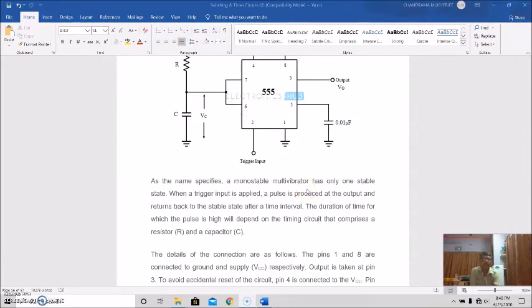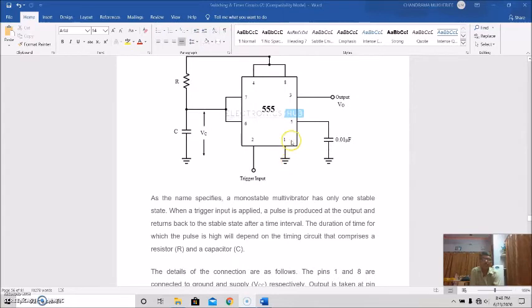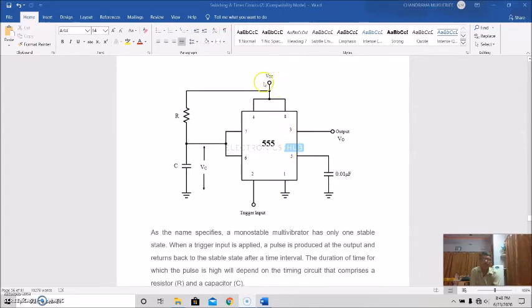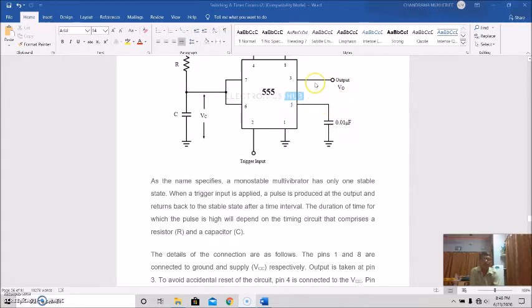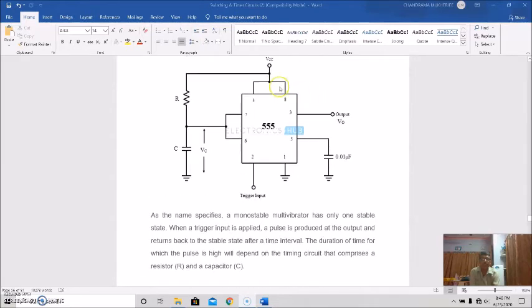The connection details are like this. Pin 1 is grounded, and pin 8 is connected to the supply voltage VCC. Output is taken from pin 3. To avoid accidental reset of the circuit, pin 4 is connected to the supply, along with pin 8.